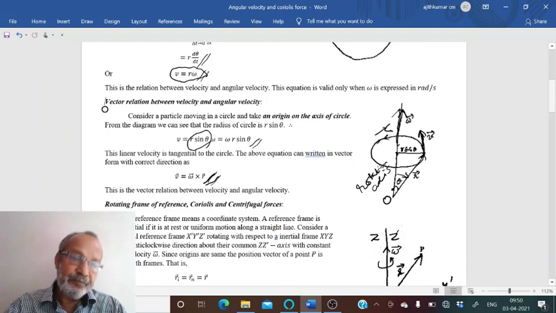If you take the magnitude of v, this is the magnitude of the cross product, which is equal to magnitude of omega into magnitude of r into sin theta. So we are getting the same equation here. Therefore, this is the vector relationship between linear velocity and angular velocity.